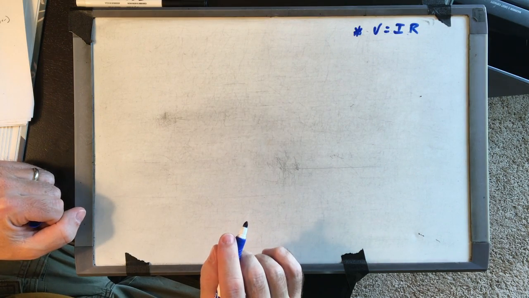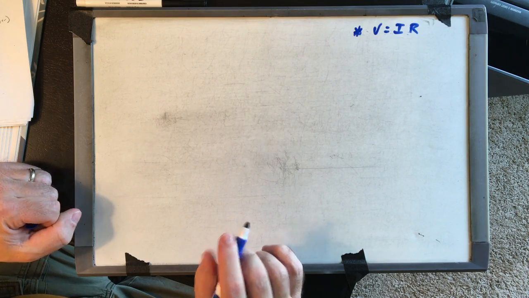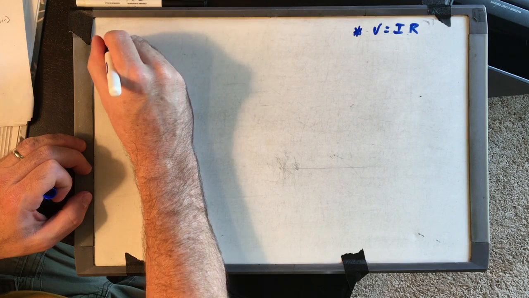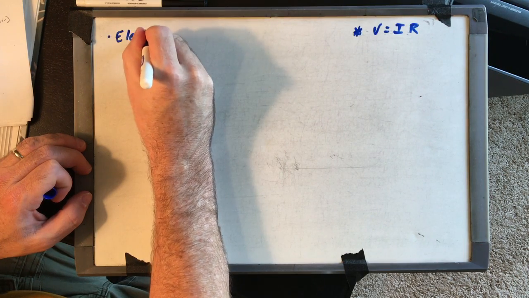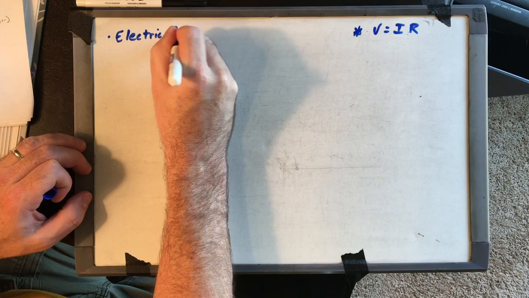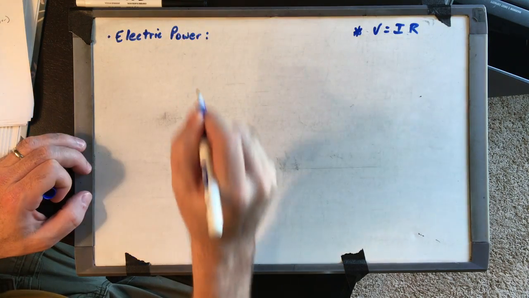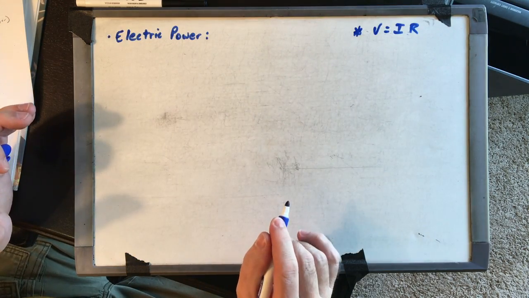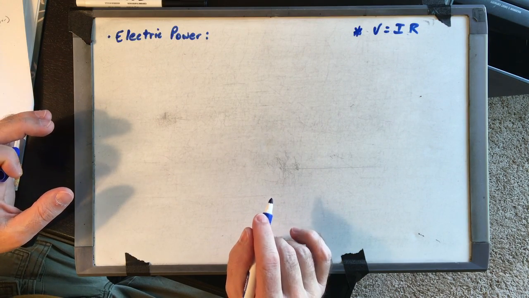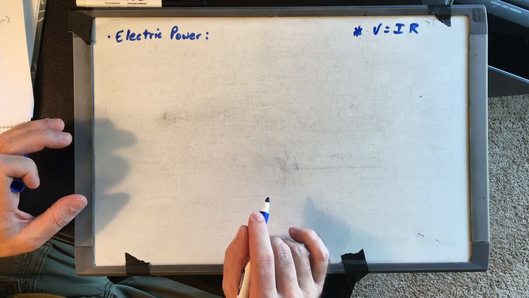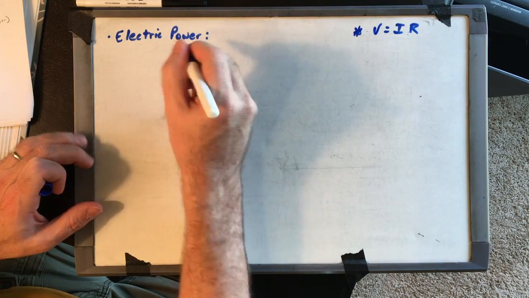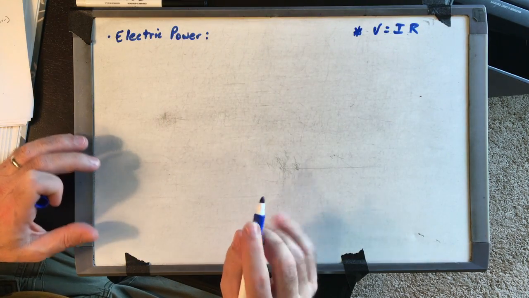And the next concept we're going to look at is electric power. So in your notes it says power is energy per unit time. We also studied power in chapter 8, I believe. And there's 3 equations, and they all really come from each other.